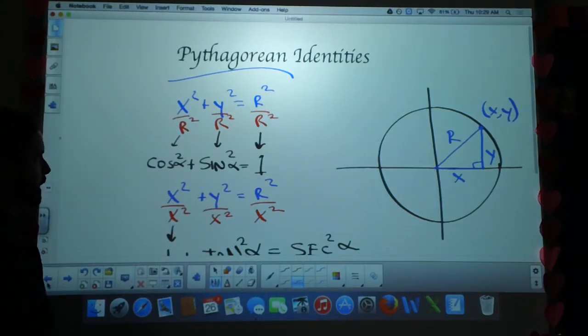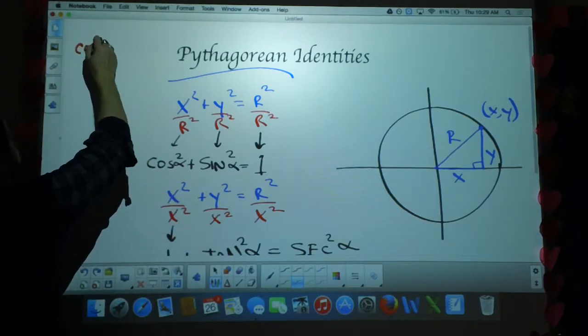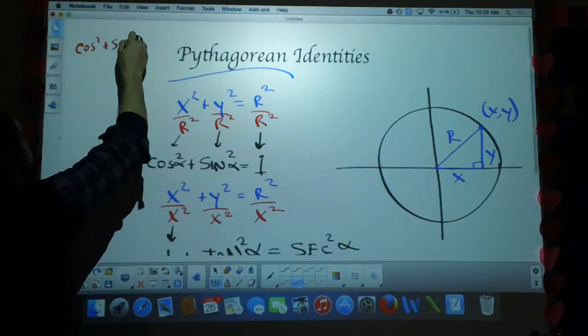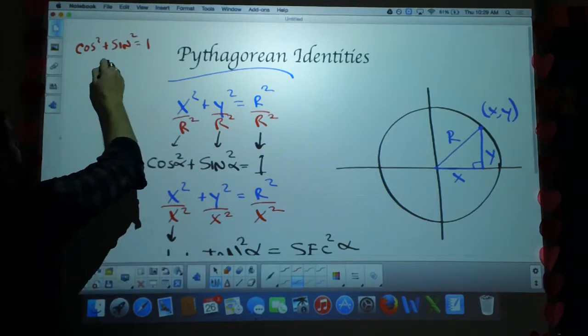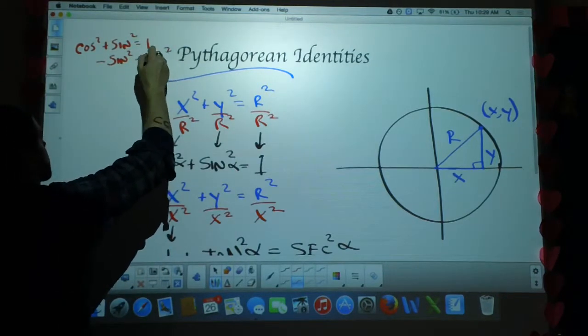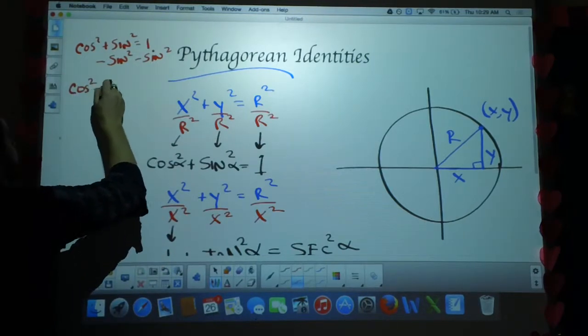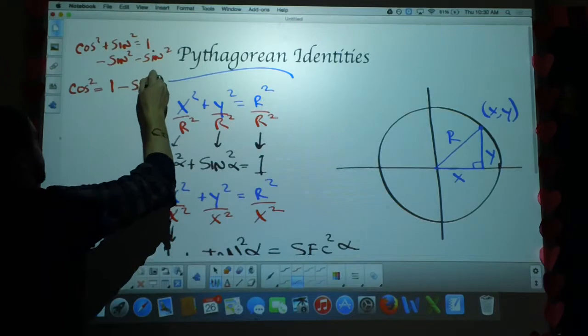If I were to subtract sine squared from both sides, then what I would get is cosine squared equals 1 minus sine squared.